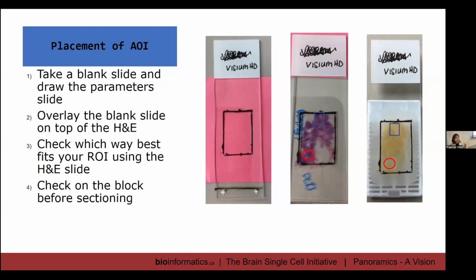Once I have that, I'm going to overlay that same template on my block, and I can see, okay, the region of interest is there. All I need to make sure is that when I cut it, it's within that same region. So when I'm sectioning this, I'm going to make sure that it's actually within that black box. If it's not, it's going to fail again when it gets to the processing for Visium HD.